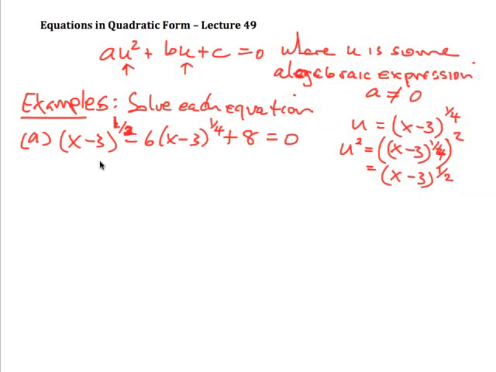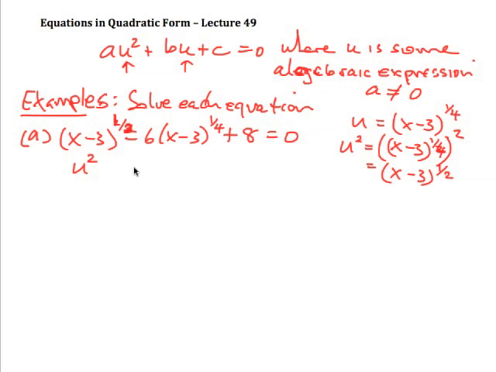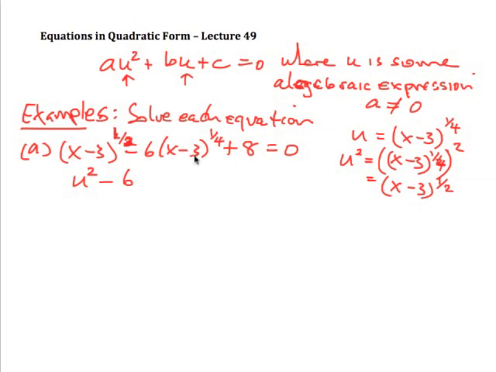So what I could do is say, well, if I use x minus 3 to the half, I'd have a u squared here, minus 6 times x minus 3 to the quarter, well that would be u, plus 8 equals 0, and now we have a quadratic form.